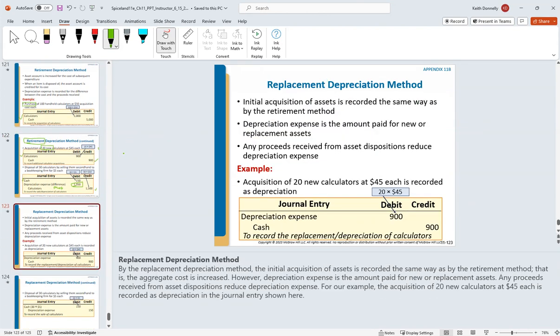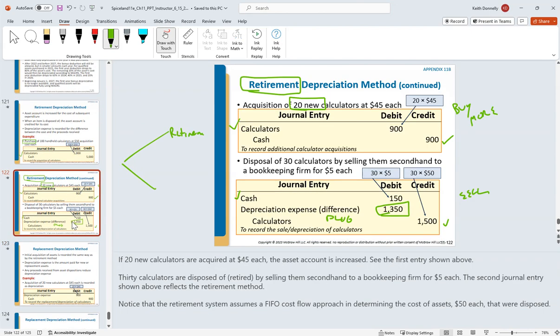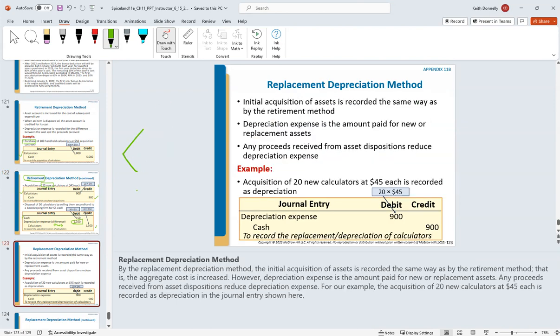How do we deal with it under the replacement approach? So it's going to be the same journal entry for when you buy it. That's great. However, whenever you buy more, we're going to have a different journal entry.